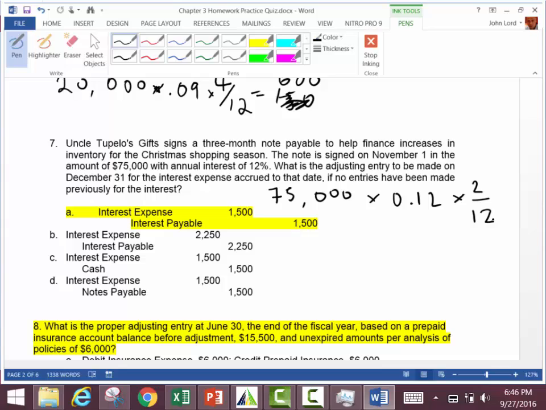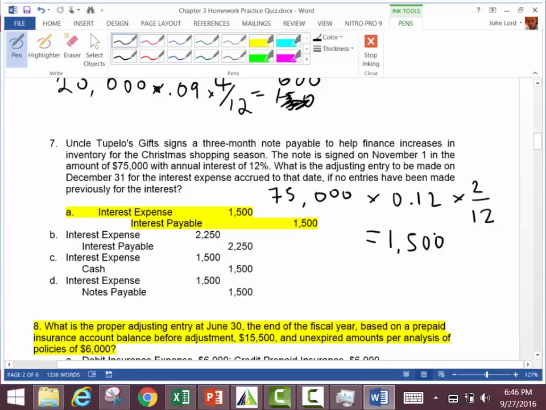Here's how you do this, guys. Everybody, break out your calculator. I'm telling you, you're going to keep getting weird numbers if you don't do it the way I'm telling you. Everybody do it. 75,000, put that in your calculator, times 0.12, hit equals, times 2, hit equals, divided by 12.